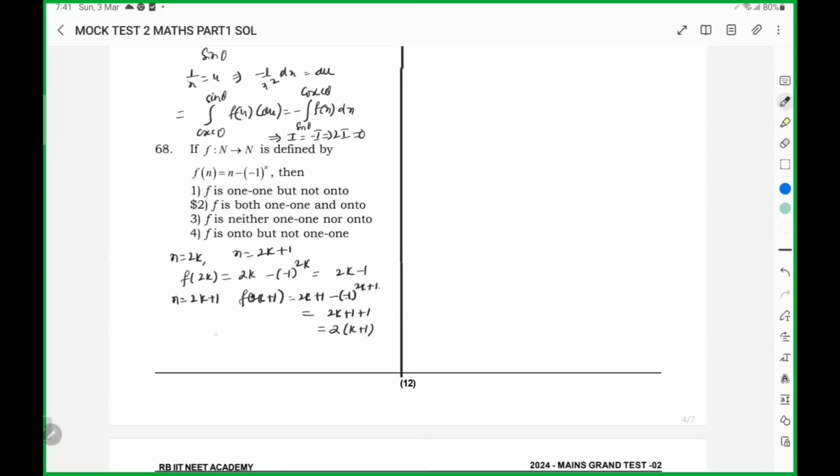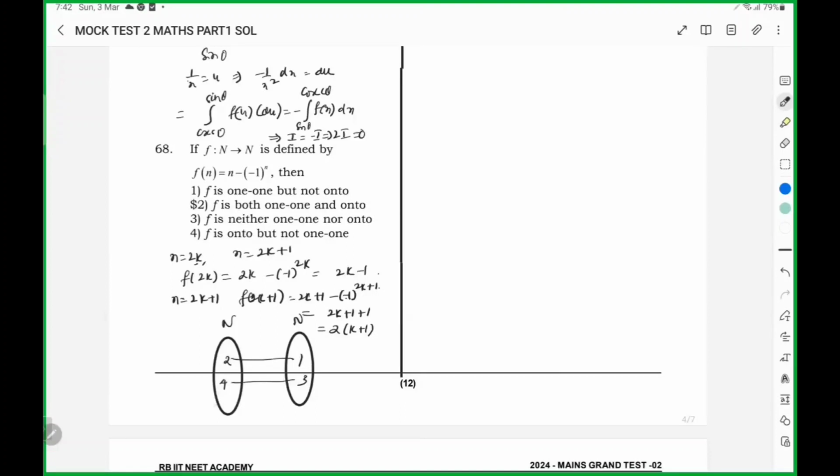That means all even numbers are mapped to odd natural numbers. If you take n as 2, k is 1, that maps to 1. n as 4, k as 2, it maps to 3.